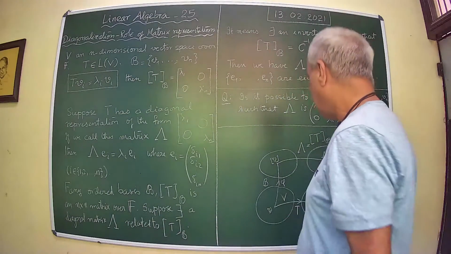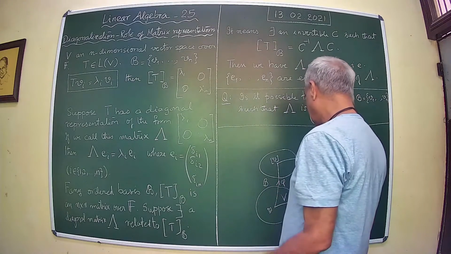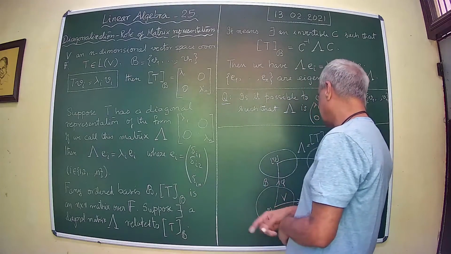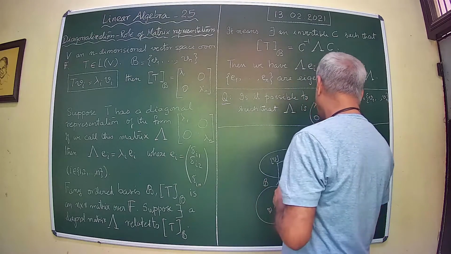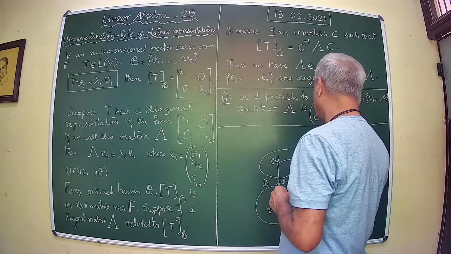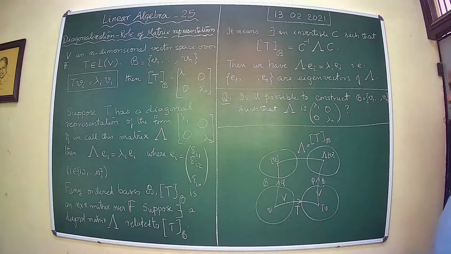Now, how is the ordered basis with respect to which T diagonalizes related to the eigenvectors of lambda? This is what we are going to investigate. Okay. So let me take Vi.